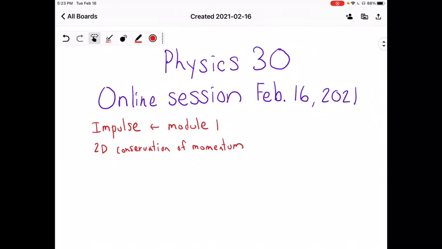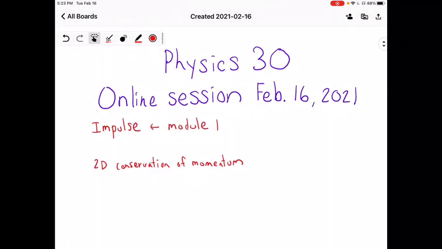And actually, now that I think of it, that's my last example. I also have a 1D, because 1D is usually easier, conservation momentum problem. And these two problems are coming out of assignment questions and some of the examples from Module 2.